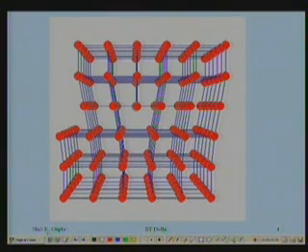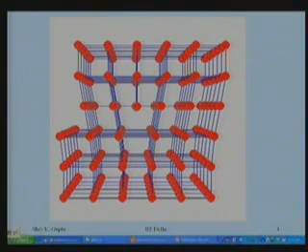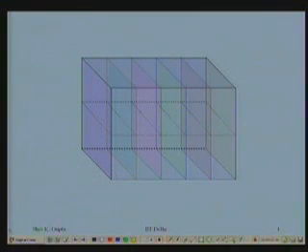Alright, before I do this, let us put a circuitous path in a perfect crystal. That would be better. Let's do that.